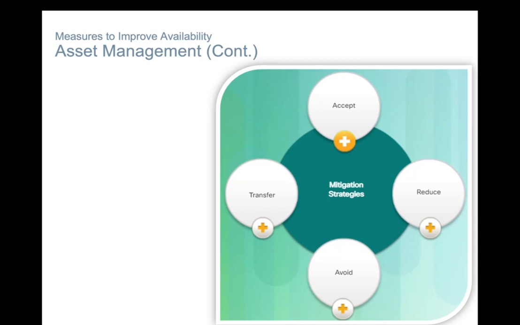Avoiding risk altogether would include measures such as physically disconnecting from the internet. And the fourth mitigation strategy is transfer. Transfer risk to an external agency, such as through a service level agreement or an insurance company.